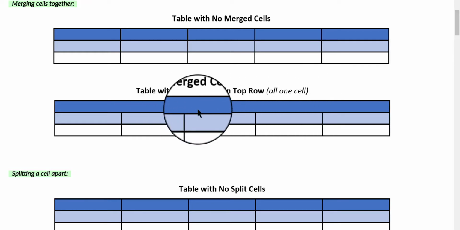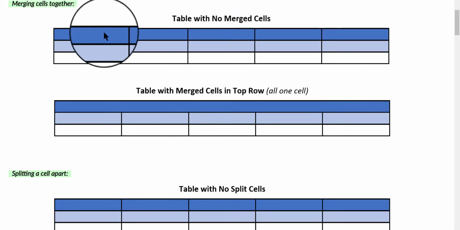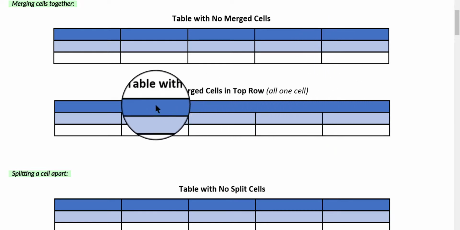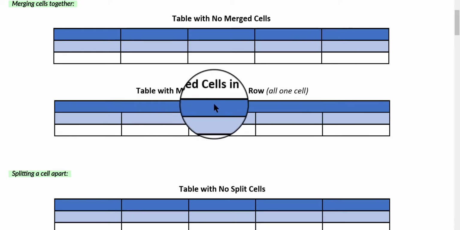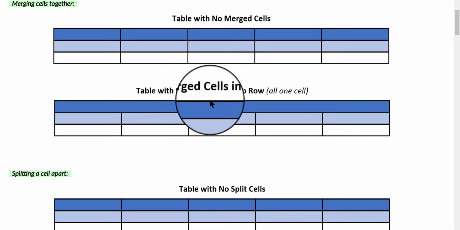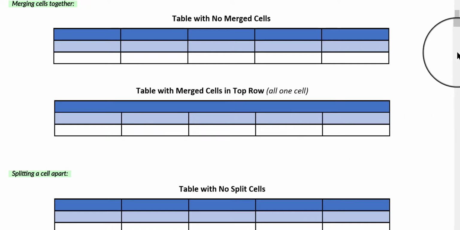Notice that there are no vertical lines here. So what I did was I took this whole top row, which had 1, 2, 3, 4, 5 cells, and merged all of them together into one single cell at the top of the table. This is typically used for main titles if you want to use a title, but there are other reasons why you want to merge cells.